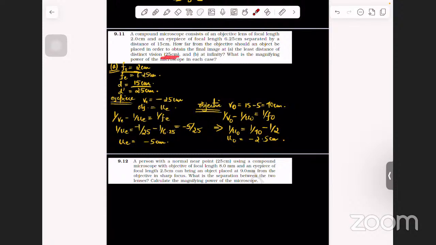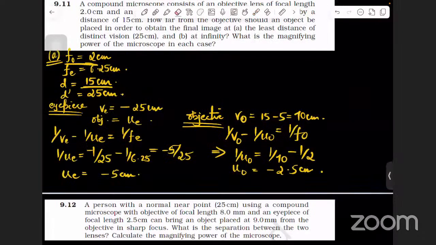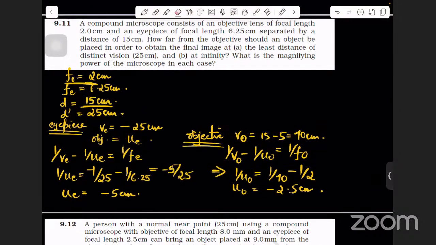So this is the first case. In the second case, the image is formed at infinity, right? So in this case, this 25 would be infinity.